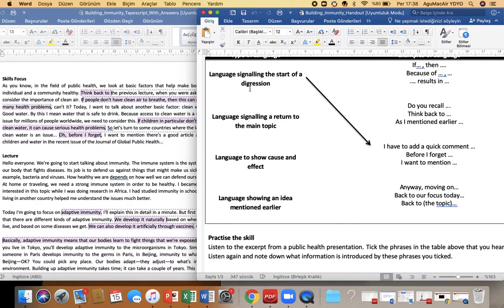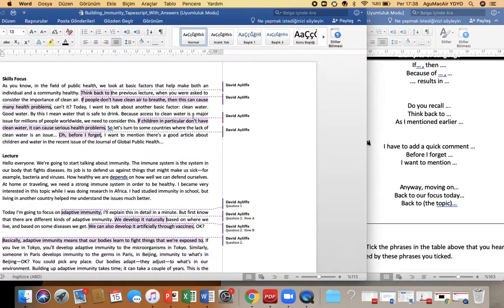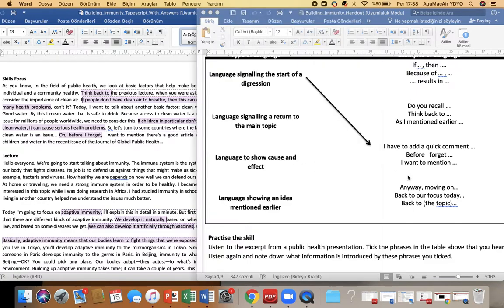Signaling the start of a digression. And what information is given here? The lecturer mentions there is a good article about children and water in the recent issue of the Journal of Global Public Health, right? Here we have this information introduced by the lecturer, and this is the phrase he used before giving this information.